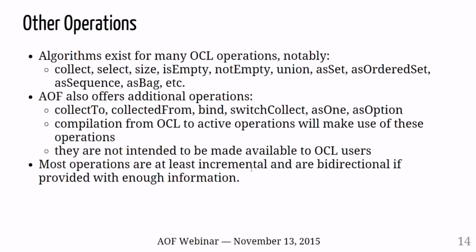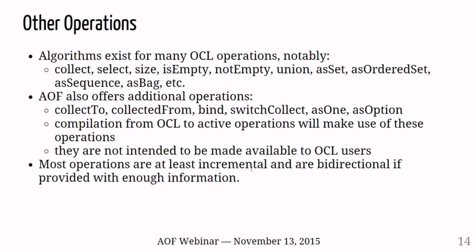along the data flow. So AOF has many other operations. As I said, their names are based on OCL operation names. So there is collect that we have seen. There is a select, which is used to filter a collection according to a predicate.